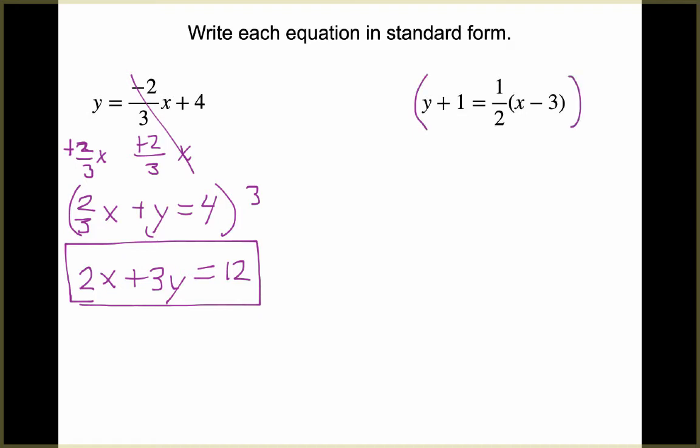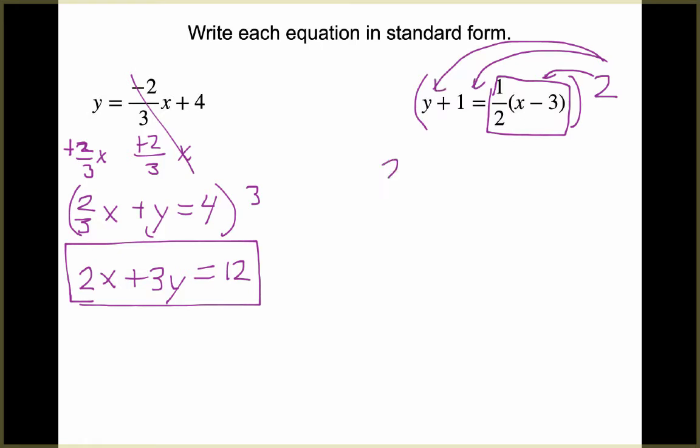So to get rid of our fraction, we can multiply by the reciprocal. And in this case, the reciprocal of 1/2 is 2. We are going to multiply everything in the equation, every term, by 2. So we're going to multiply this by 2, and this whole piece here by 2. And I'm doing this specifically to show you something to hopefully prevent common errors.